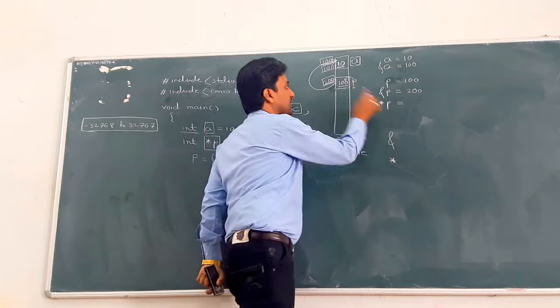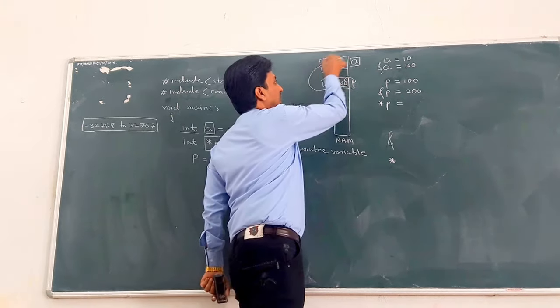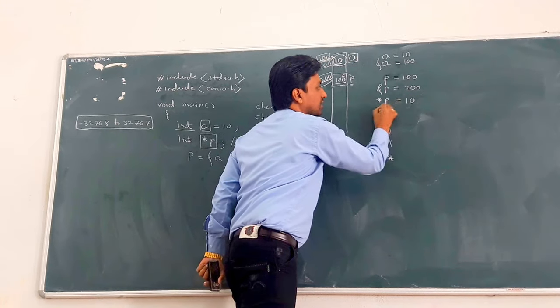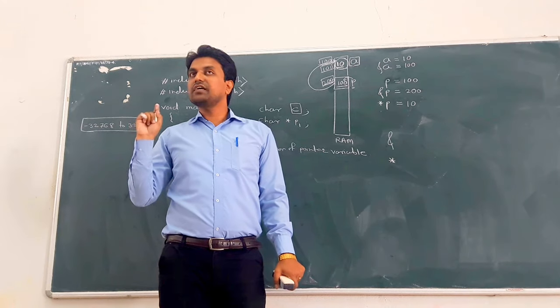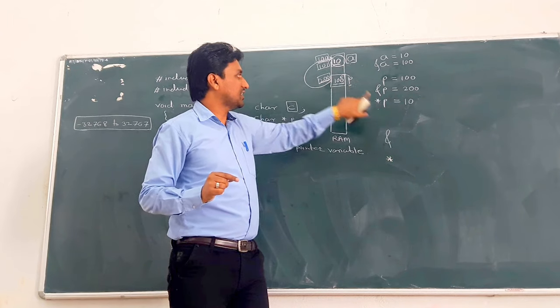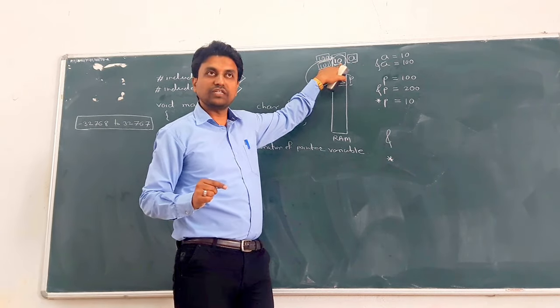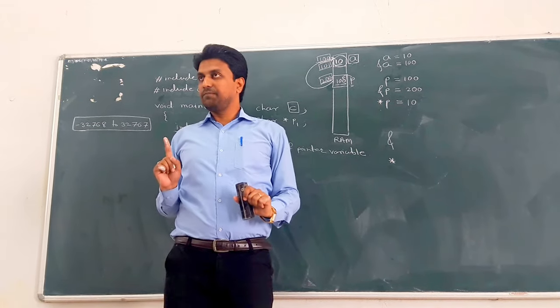What is the address in P? 100. And what is the value at that 100 address location? 10. So pointer P gives you the value at that address location, that is 10.